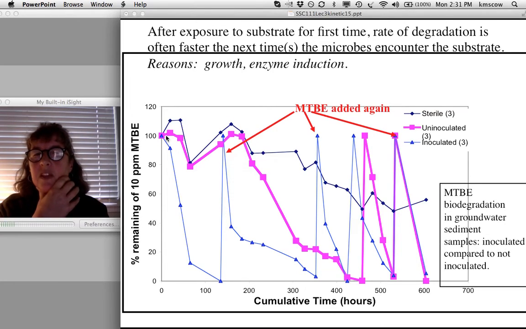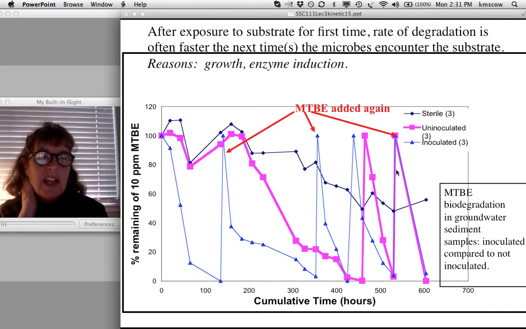This purple curve is showing a sample of contaminated groundwater sediment that received MTBE, so percent remaining of MTBE the first time, and there was a long lag period, right? And then it degraded over time, and then we gave it another spike of MTBE, and look what happened this time. Immediately degraded. And the third time we hit it again, it degraded really, really fast, unlike that first time.